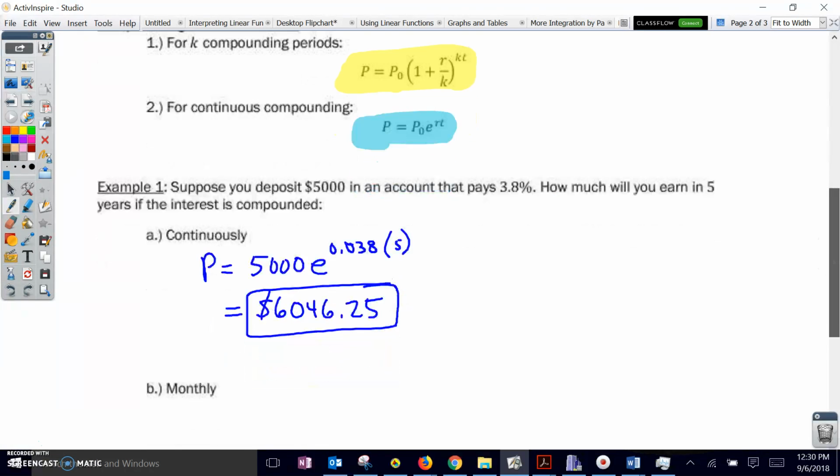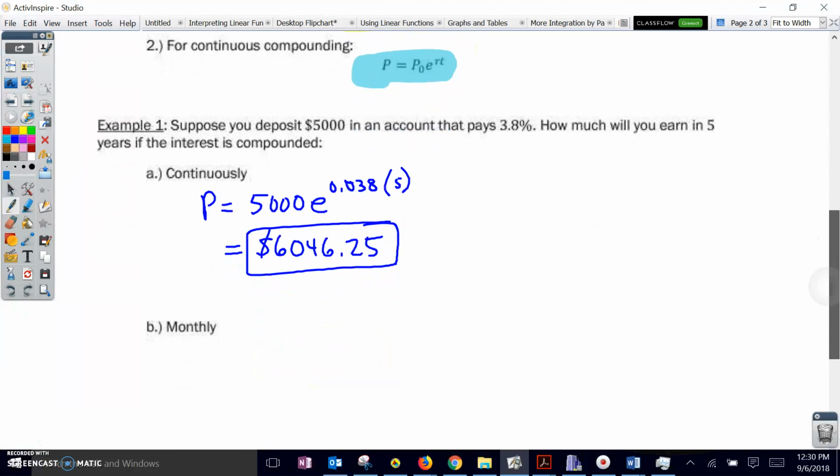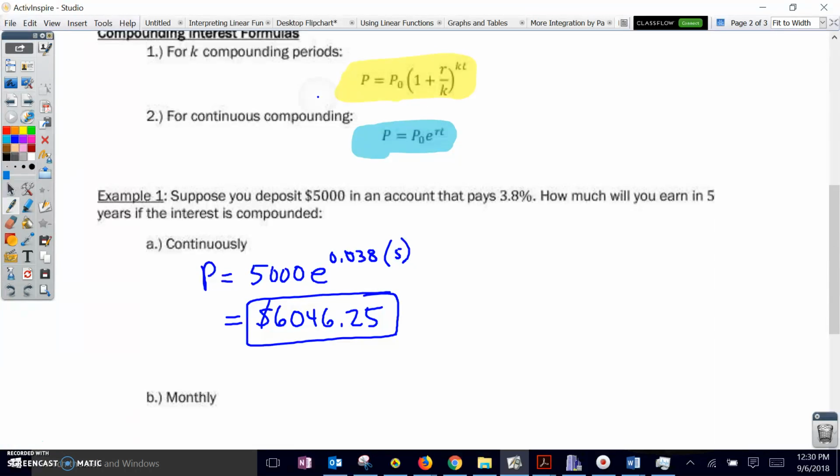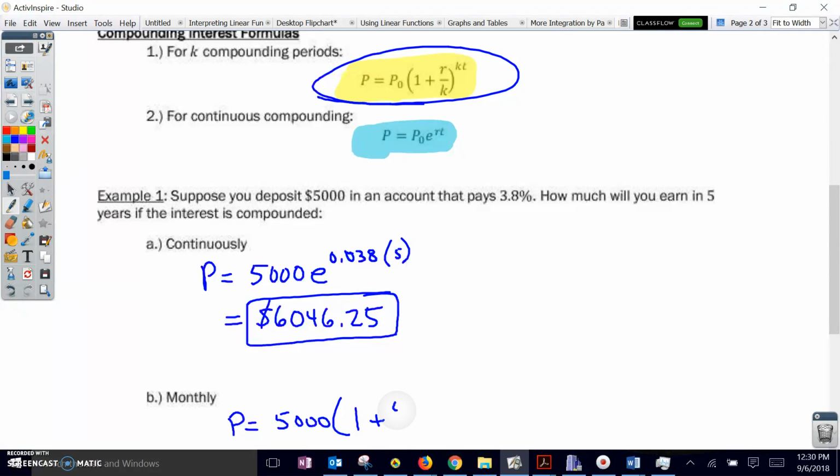All right, next, let's do monthly. Now, if we're doing monthly, we're going to use this equation up here for k compounding periods. So we're going to have P equals 5,000 times 1 plus the rate, which is 3.8%, divided by the number of compounding periods. Since we're compounding monthly, there are 12 compounding periods in a year. And we're going to raise that to the k times t power.